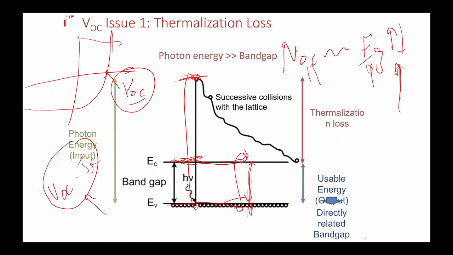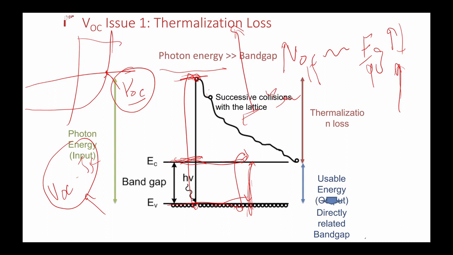This energy we cannot use. We can call it a thermalization loss, which is given here. This is the thermalization loss if the photon energy is much higher than the band gap energy.